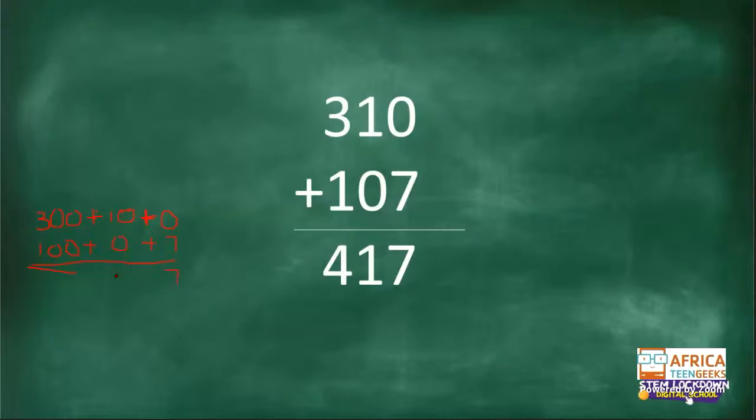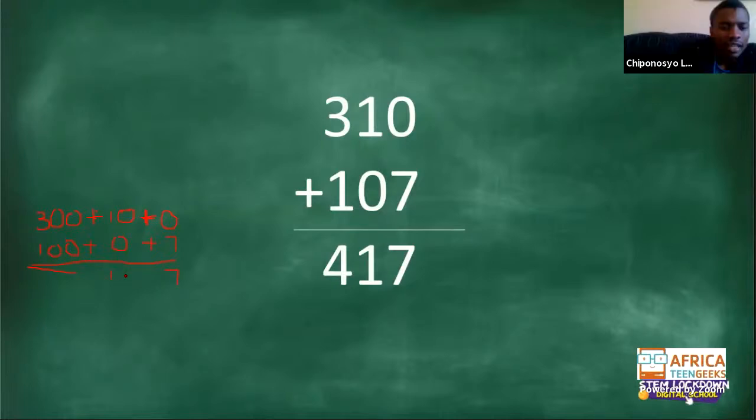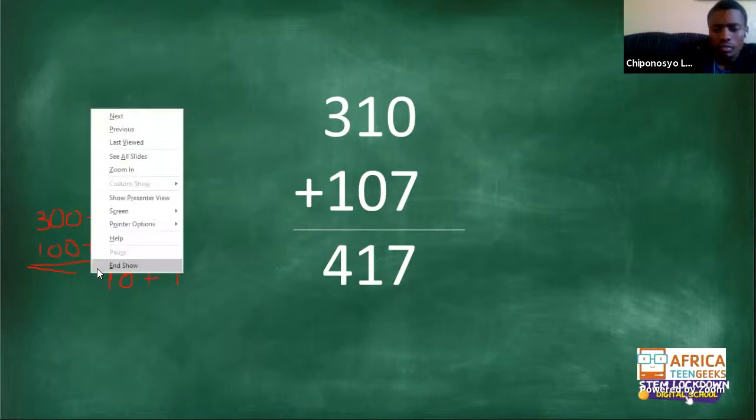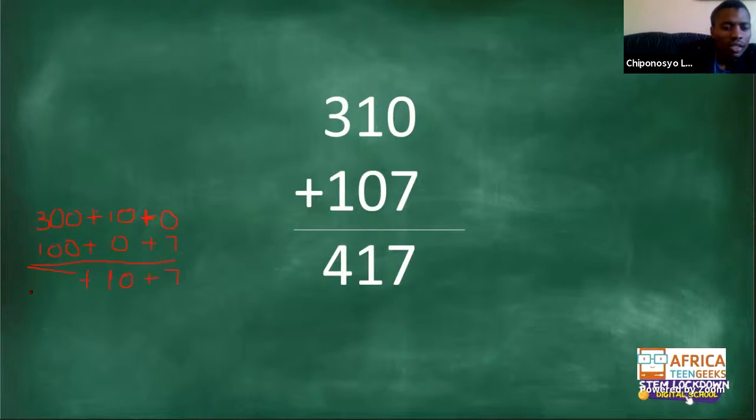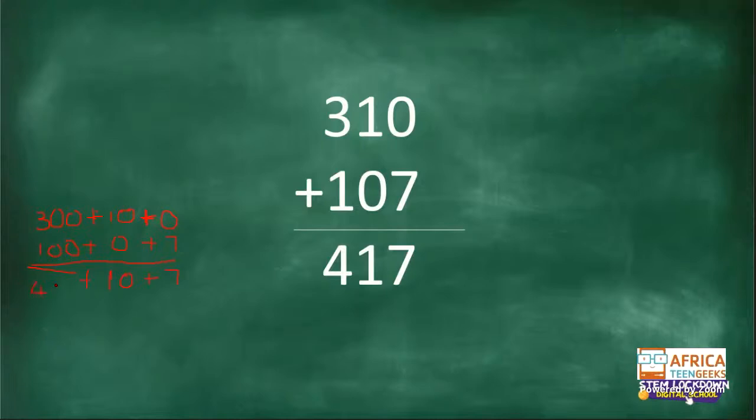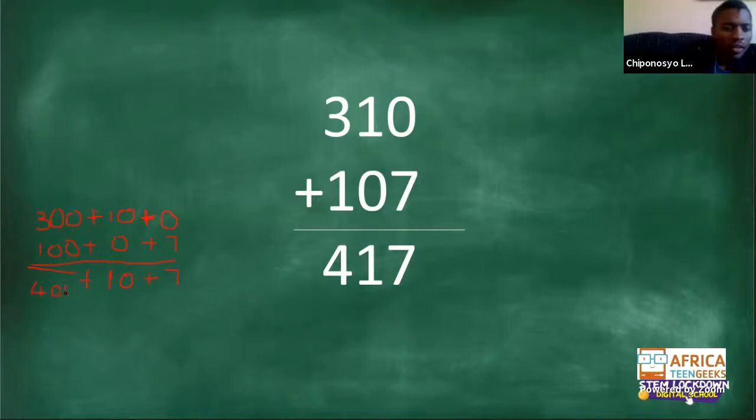Add the 10 with the 0, you got 10. And then you add the 300 plus the 100, which is 400. Then you are done. That's how you get the final answer.